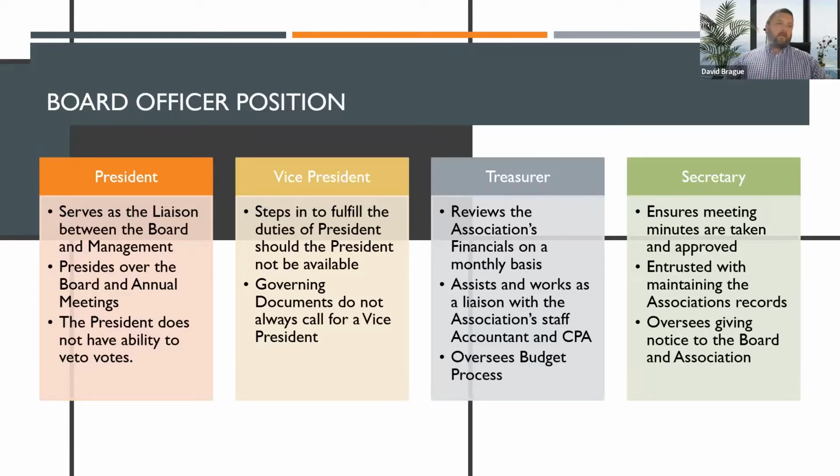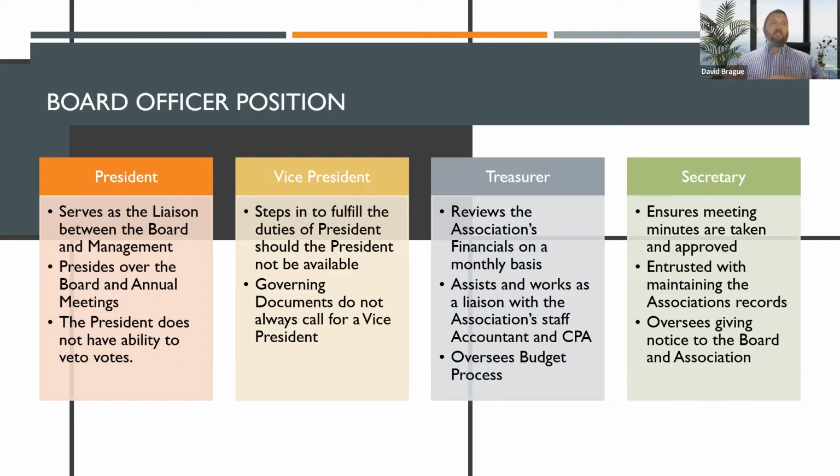So your governing documents are going to detail the three main officer positions within the board. Could be up to 4, depending on how your governing documents are written. You have the president, who serves as a liaison between the board and the management company.